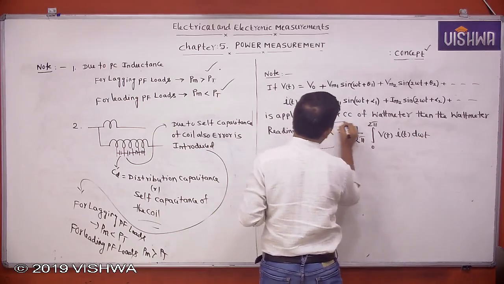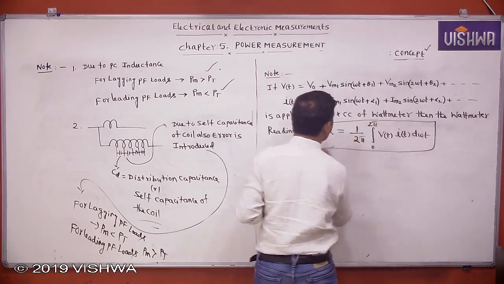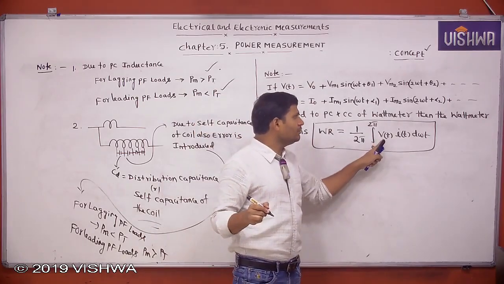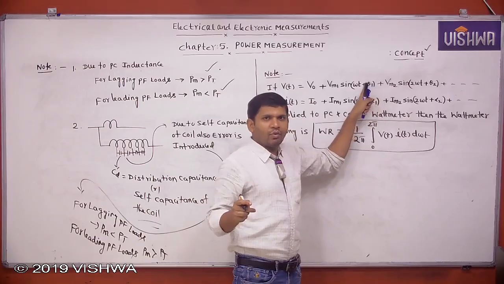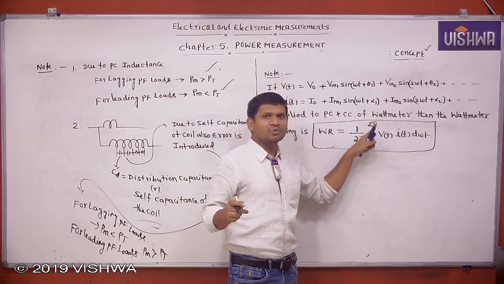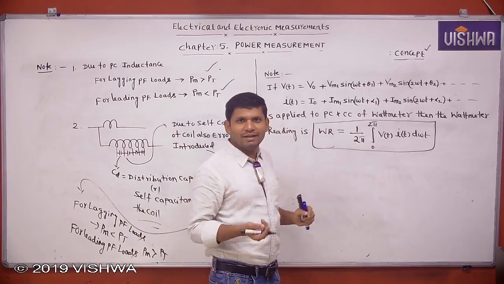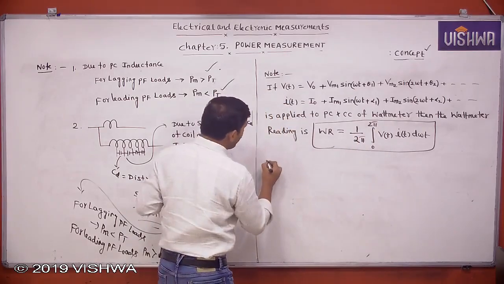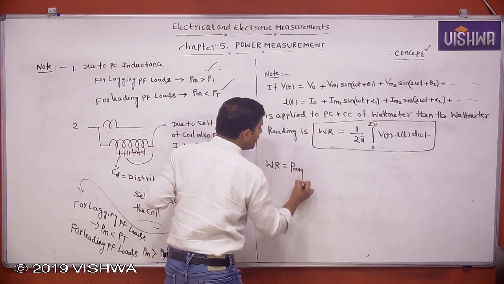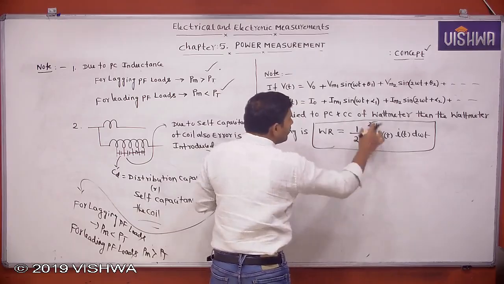Like this you can calculate the wattmeter reading. But during solving problems, every time multiplying the given currents and voltages, integrating, and substituting the limits is a lengthy procedure. That's why we directly remember it like this: wattmeter reading equals average power.